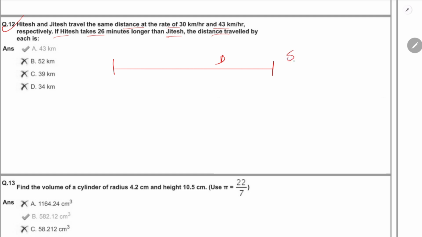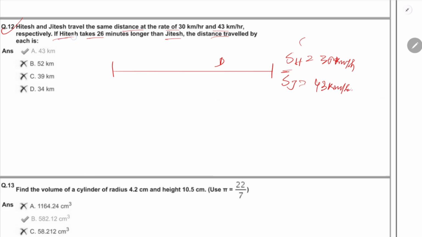The speed of Hitesh is 30 km per hour, and the speed of Jitesh is 43 km per hour. If Hitesh takes 26 minutes longer than Jitesh, it means the time of Hitesh is 26 plus the time of Jitesh. We have to find the total distance traveled by each.